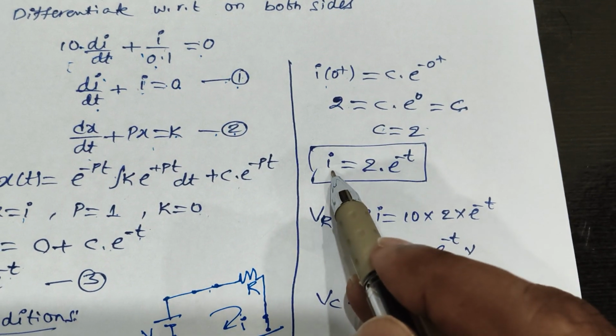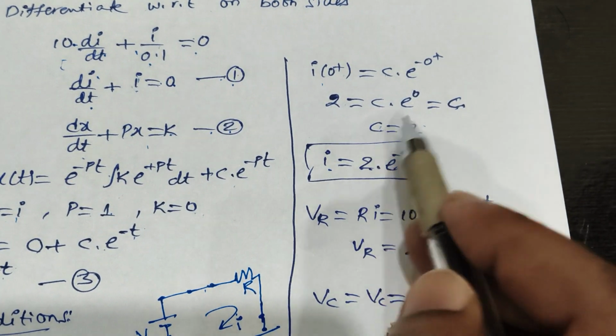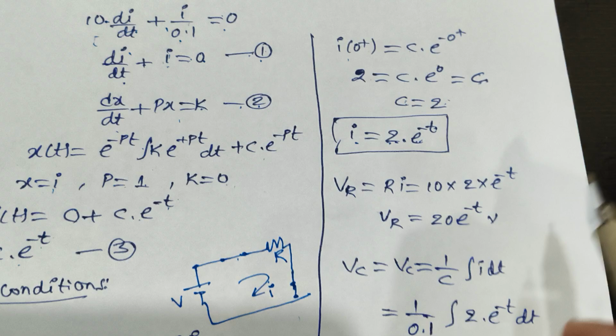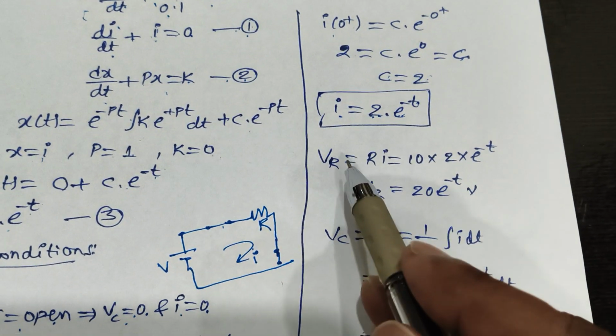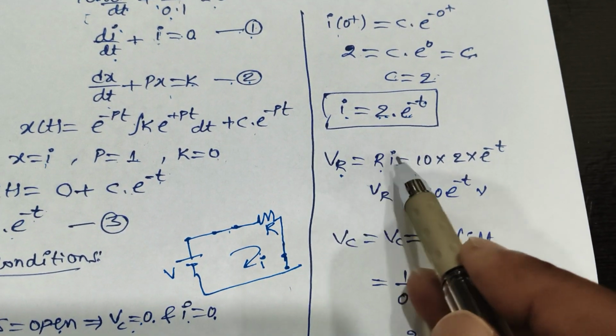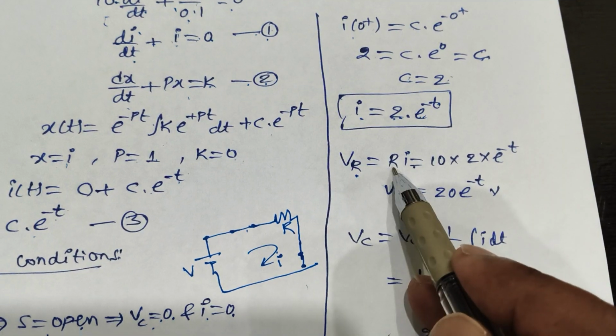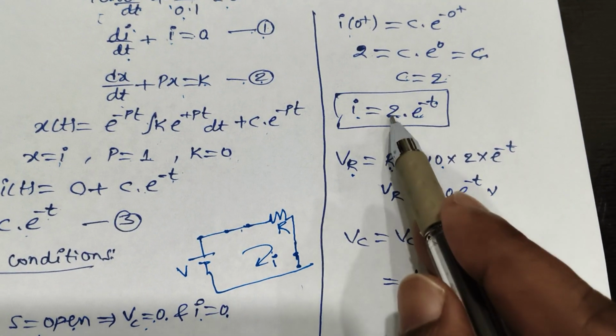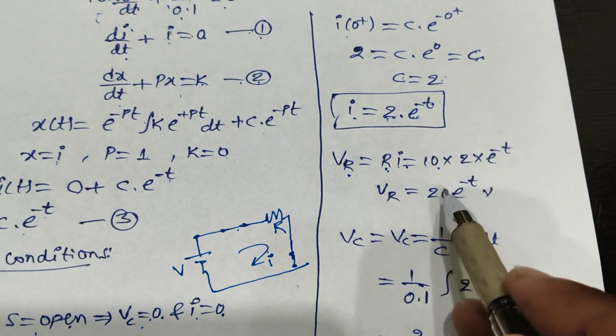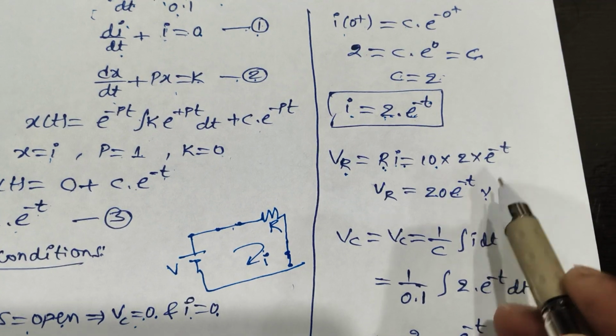Substituting in the equation, I is equal to 2 into e power minus t. And the voltage across the resistance is R into I, R is equal to 10 ohms into 2 into e power minus t, which is 20 into e power minus t volts.